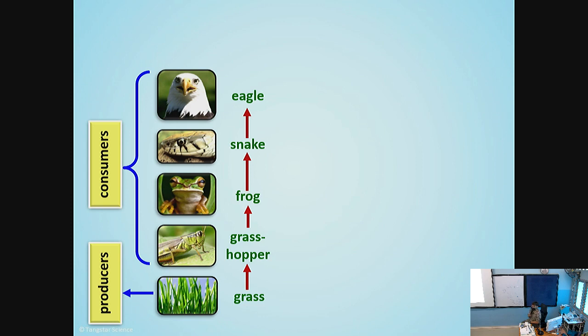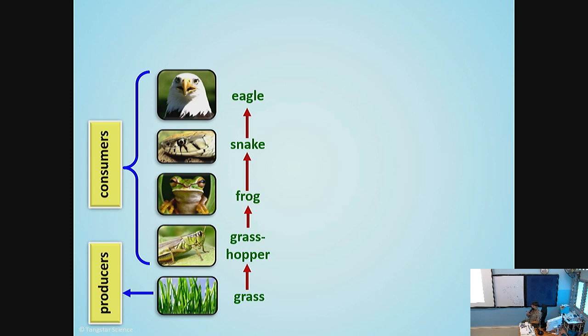Grass. Which one is the producer? Grass. Which one is the primary consumer? Which one is the quaternary consumer? Which one is the secondary consumer?